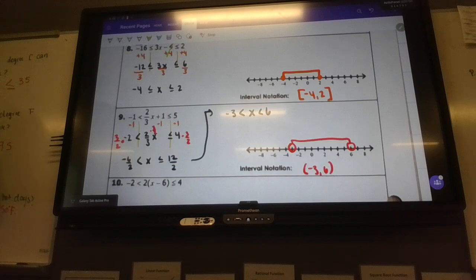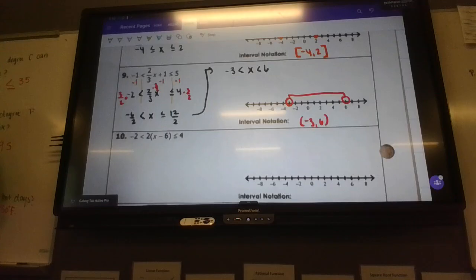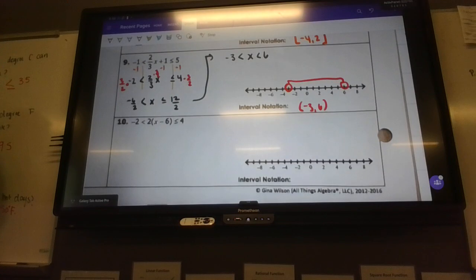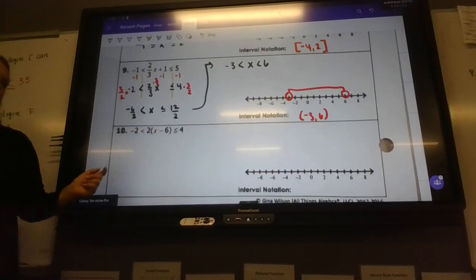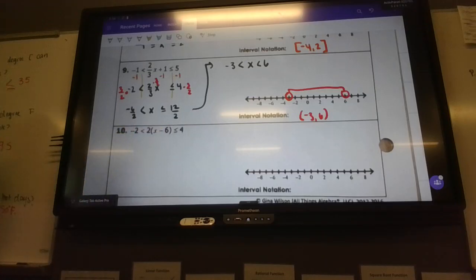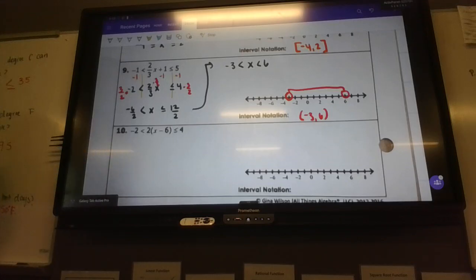How'd that one go? Okay. Ooh, 10 has so many options. You could distribute first, or you could divide by 2 first. Both are really good. Who wants to just distribute the 2 first? And then who wants to divide everything by 2? Distribute it is.